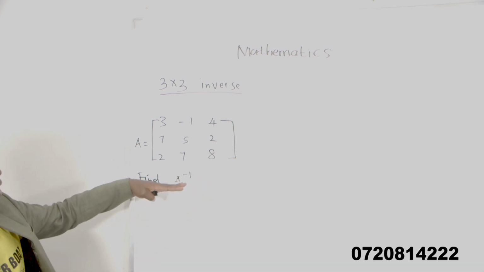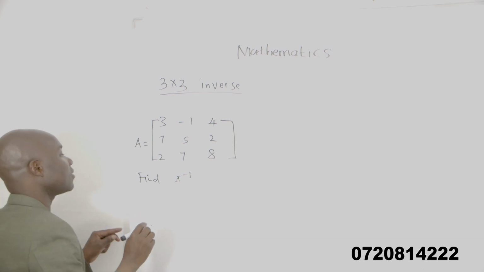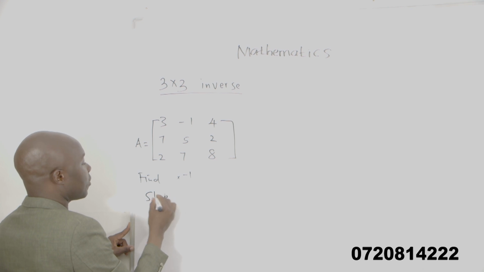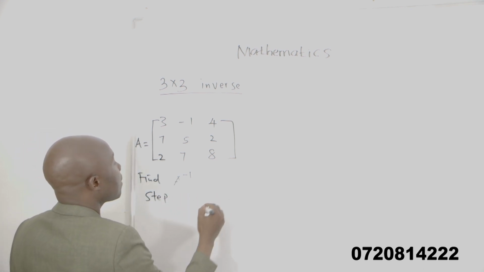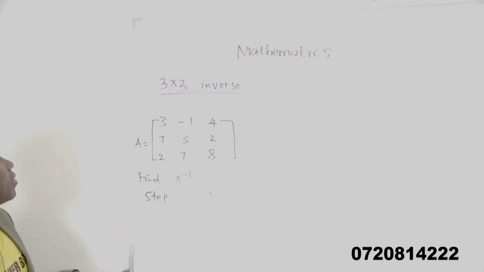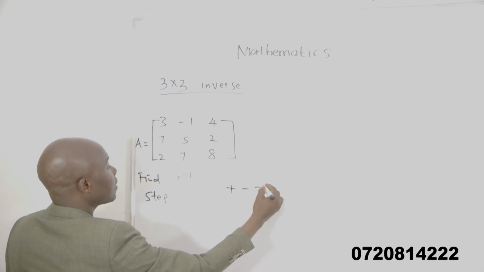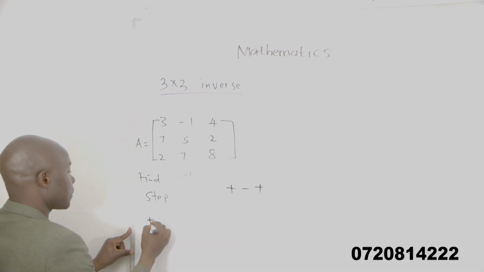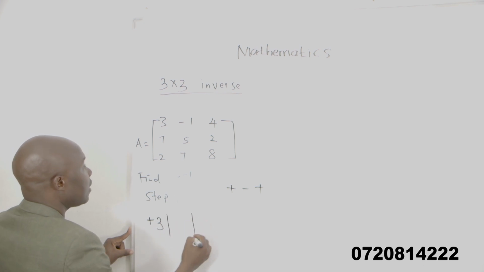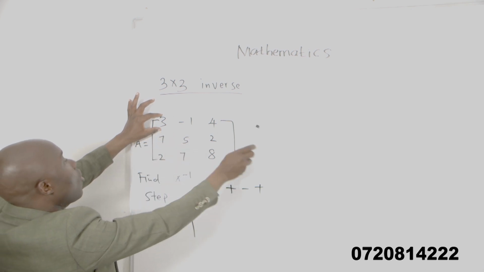When you find this in an exam, you have to show all the steps. Step number 1, which is very important, you have to find the determinant of that matrix. And how do we find the determinant? We go plus, minus, plus. We start with the plus 3. Then we delete the entire row and the entire column.